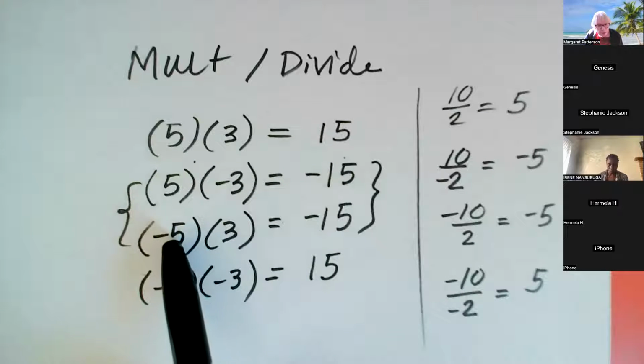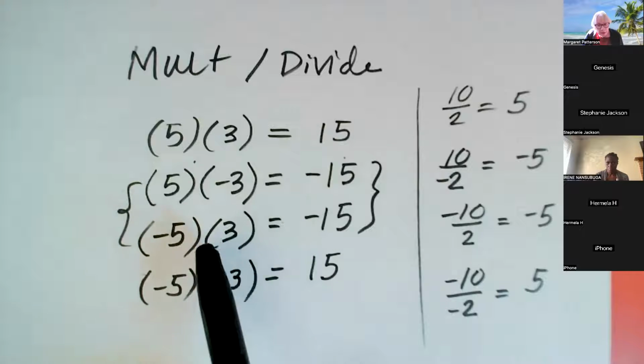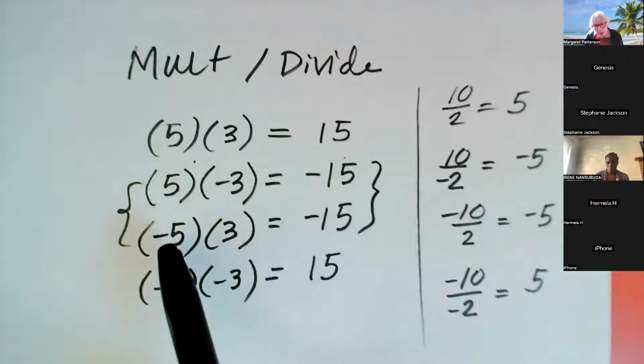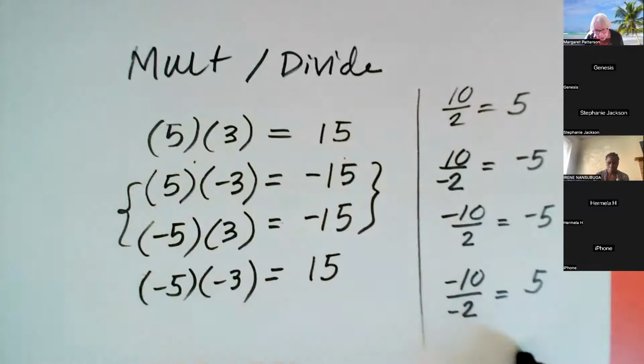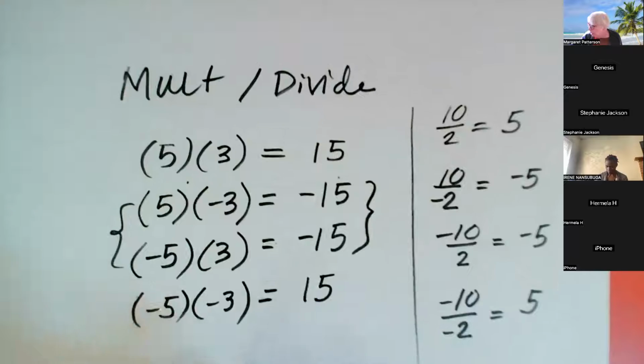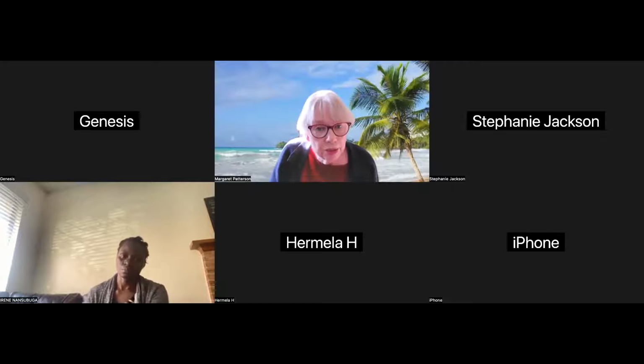And it doesn't matter if it's the first one or the second one negative. So 5 times 3 is 15, but one negative made it negative. The exact same rules go to divide. So actually multiply and divide are the easiest. Add and subtract requires a little bit of thinking, but not so much. So those were the notes we had.